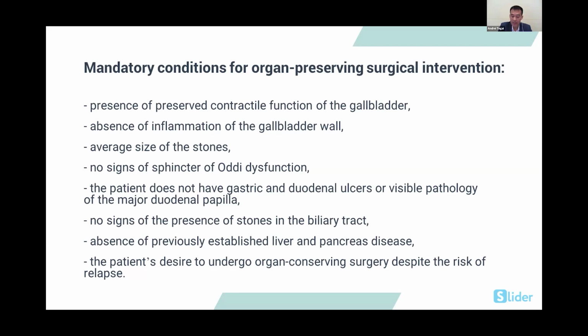For the selection of patients, the absence of previously established chronic pancreatitis was also taken into account, as well as the normal size of the pancreas, echogenicity, and contours of the organ. The early and the late postoperative period in all 12 patients proceeded well.